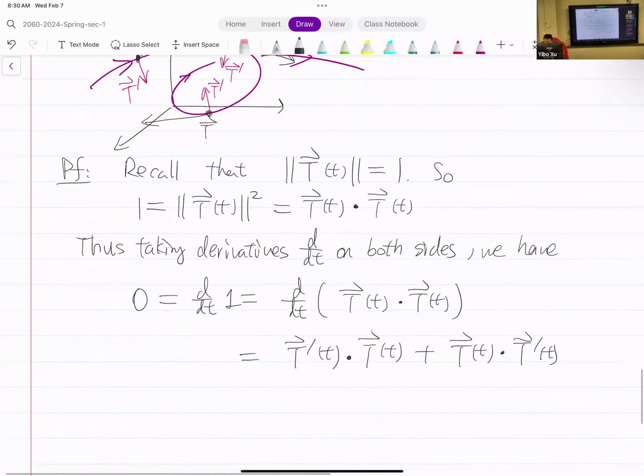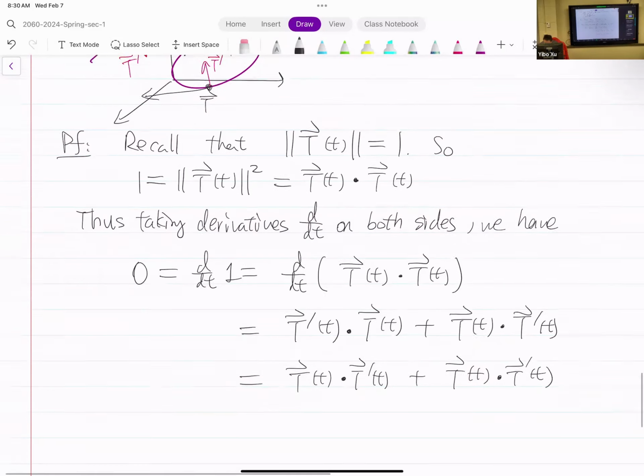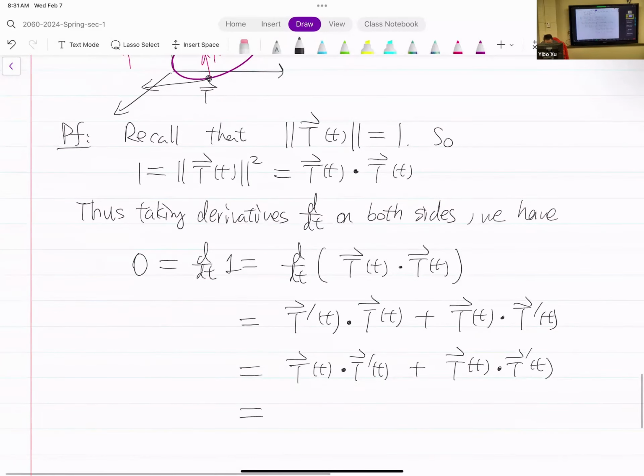And what do we want? We want T dotted with T prime, right? So we just flip the order of the first expression here, so this is T dot T prime, and the second expression we just don't change. So this is exactly two copies of the same expression.